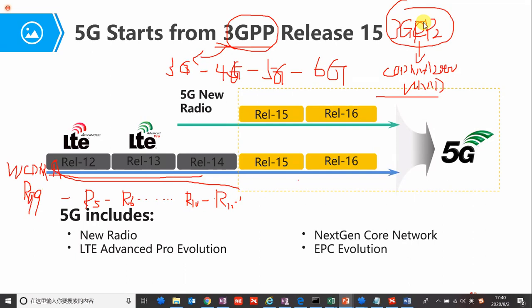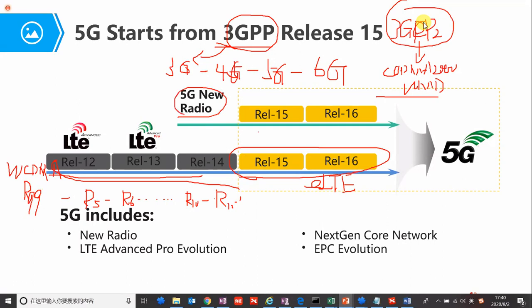And for our 5G, from Release 15, there are two paths. One is this one. We call it eLTE. Another is the new 5G new radio. 5G new radio.